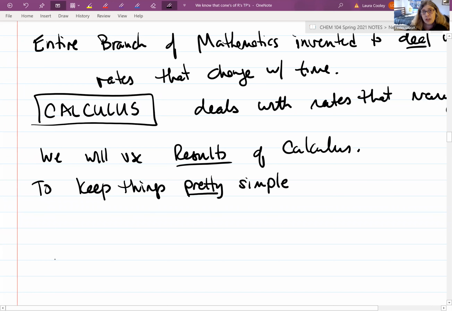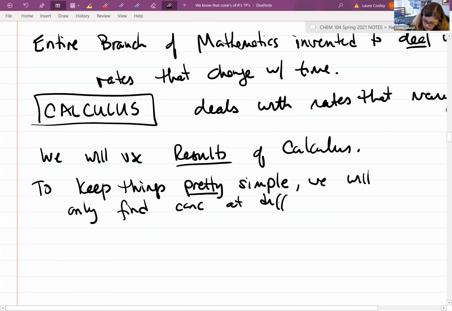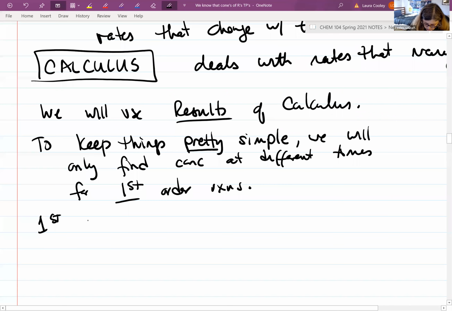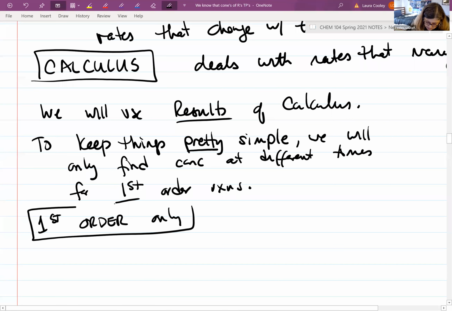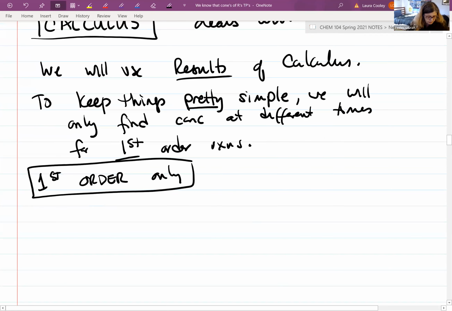To keep things pretty simple, we will only find the concentration at different times for first order reactions. So what I'm showing you here is for first order only. Okay.